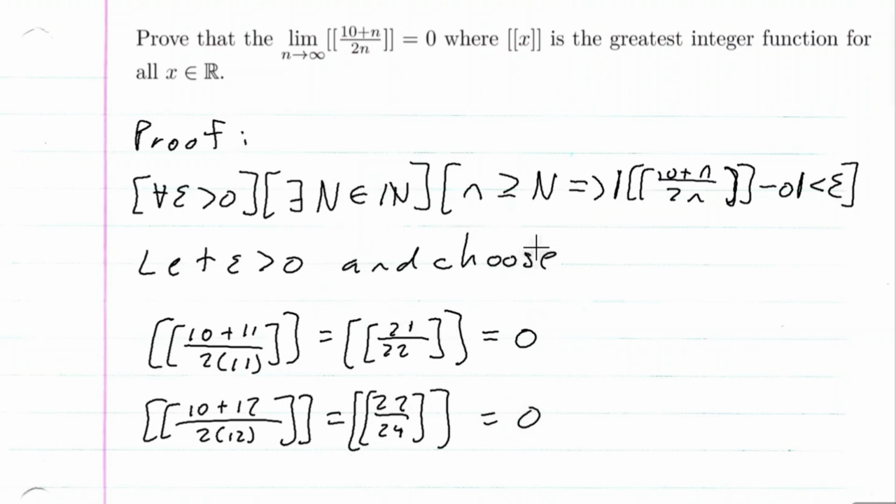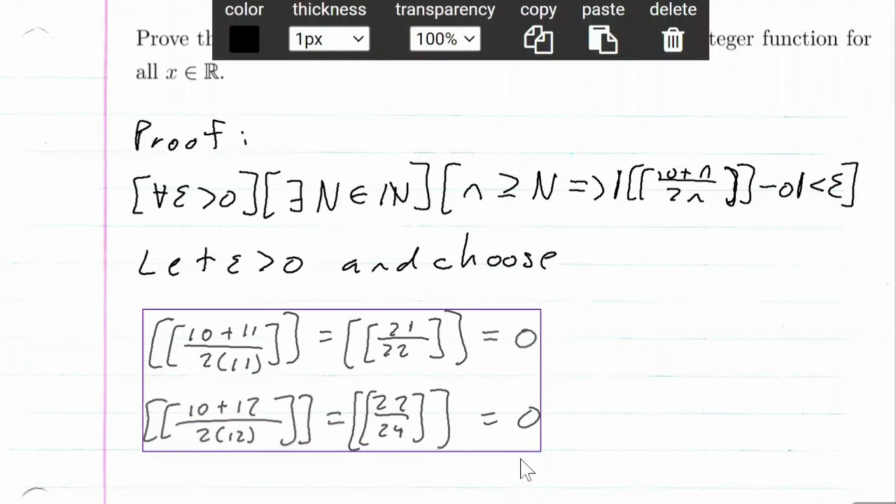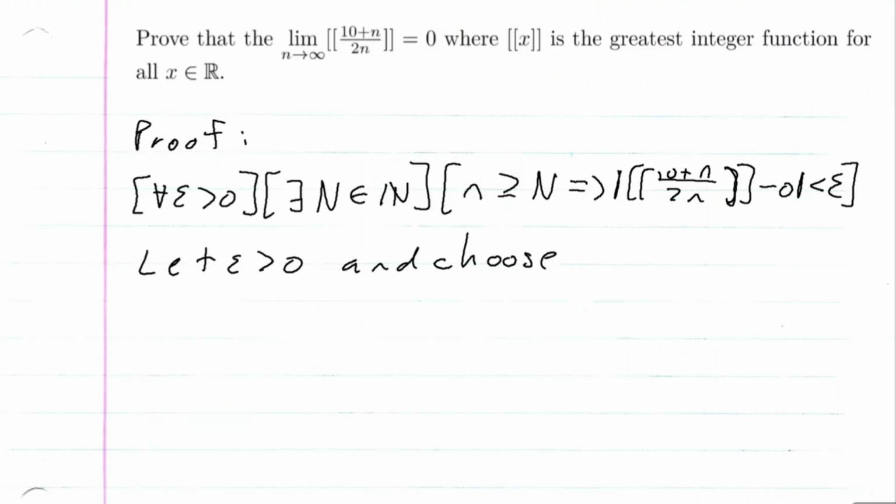So it appears that every n after 10 will go to 0, which is what we need. So we'll choose capital N to be bigger than 10, right? Because for 11 it went to 0, for 12 it went to 0, and for all of them after 10 they will go to 0, because you'll always have a bigger denominator than numerator.